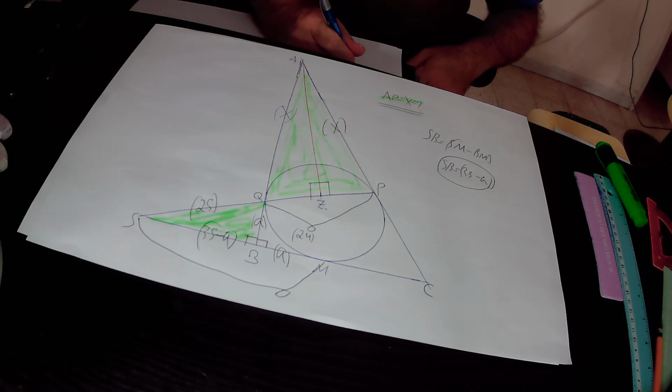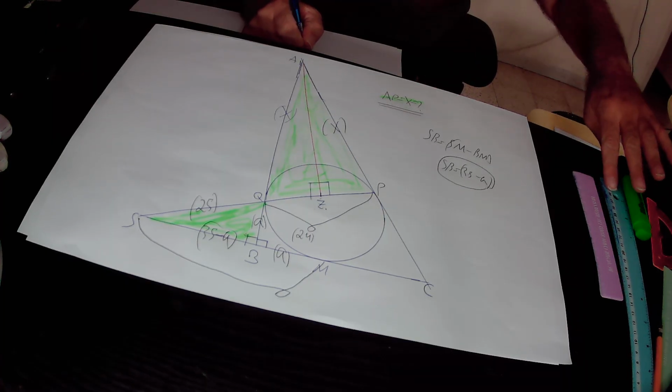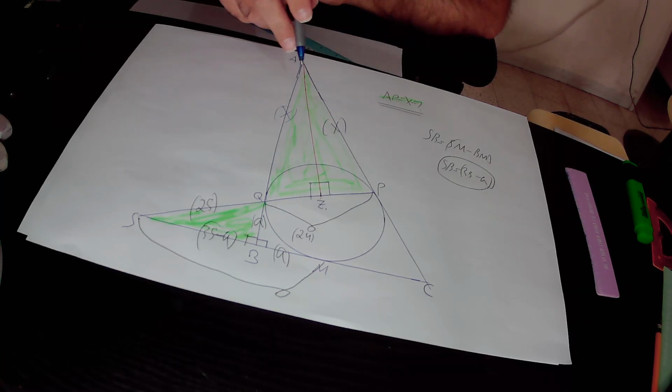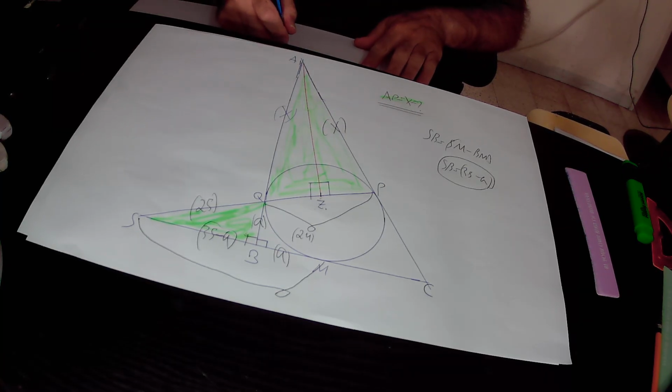So in the isosceles triangle AQP, according to rule 21, the perpendicular AZ to the base QP bisects the base QP.